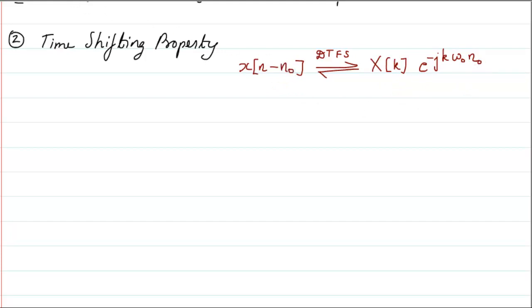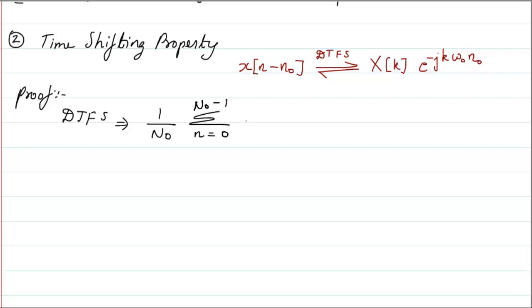Okay, so let us prove this. The proof again is simple. We write the equation of DTFS and we know that the equation is 1 by N naught, which is the periodicity, summation n within the period N naught. Now here, just for the sake of trying to make you understand, I will write the summation limit as we used to write in the main equation.